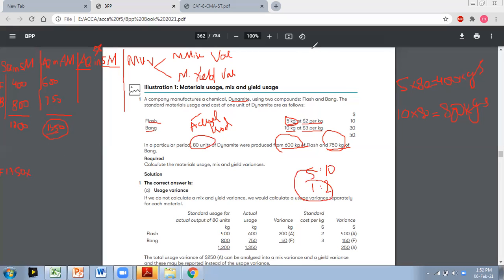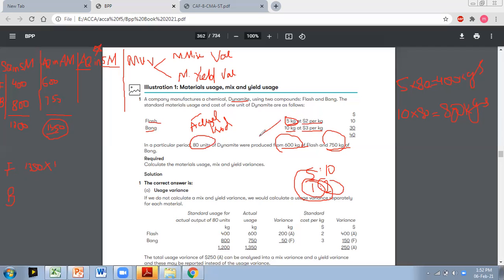Okay, wait. Flash and bang. Now we are going to convert this actual quantity into standard mix, right? For flash, 1350 multiplied by 1 divided by 3, because for 1 unit of flash, you add 2 units of bang.